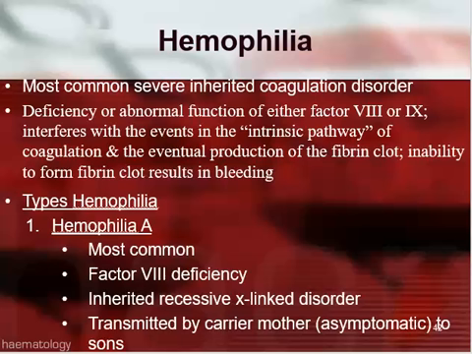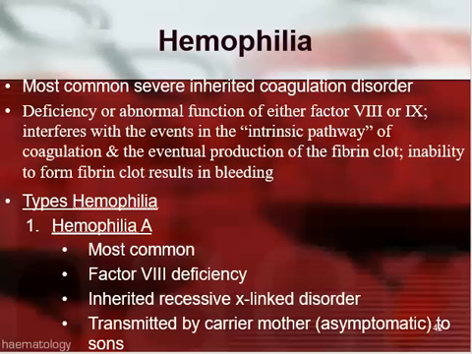It's more common to be found in males because all we need to have is an asymptomatic carrier mother, because the father doesn't contribute an X chromosome to a son, just the mother does.